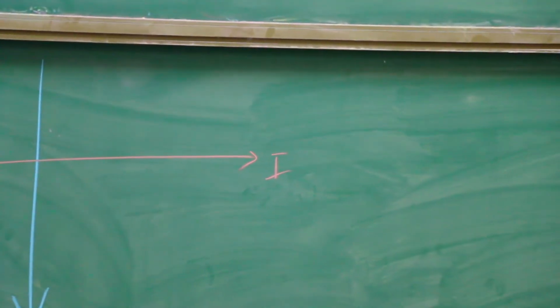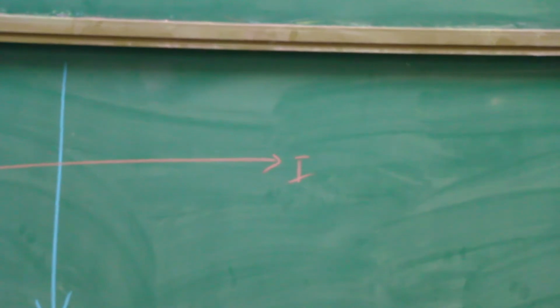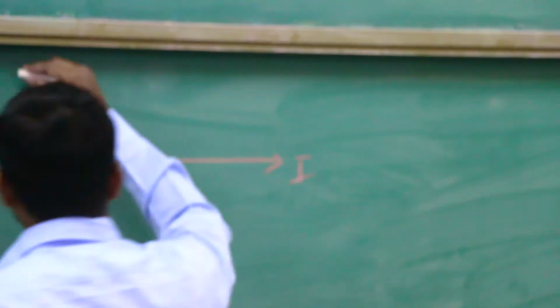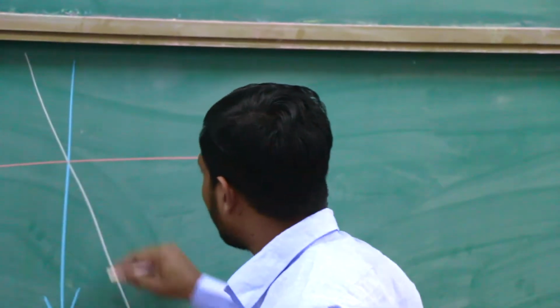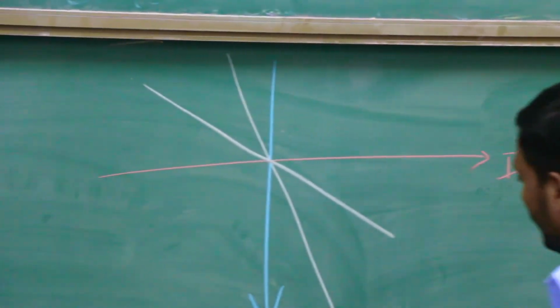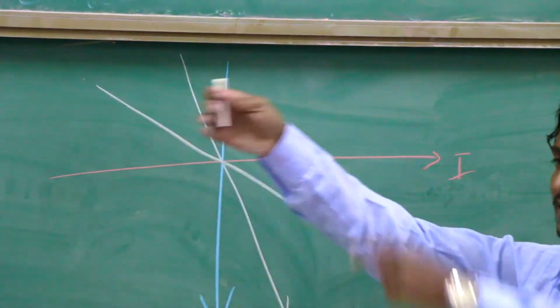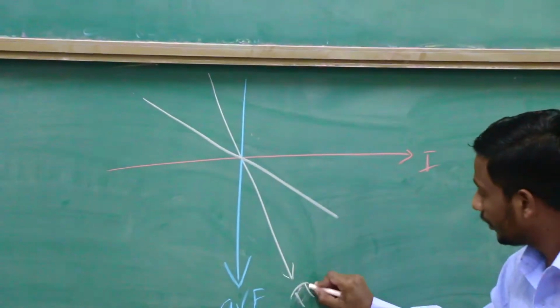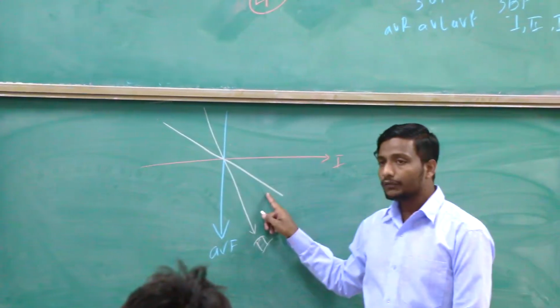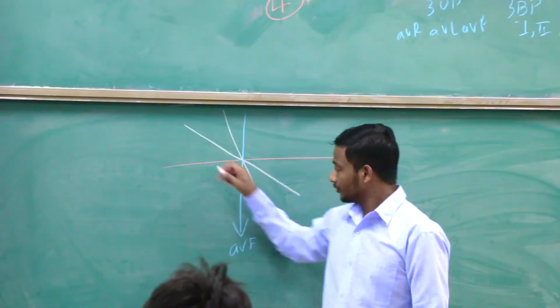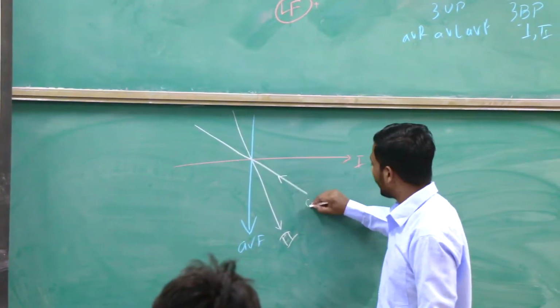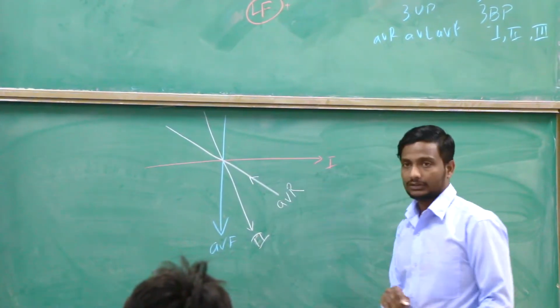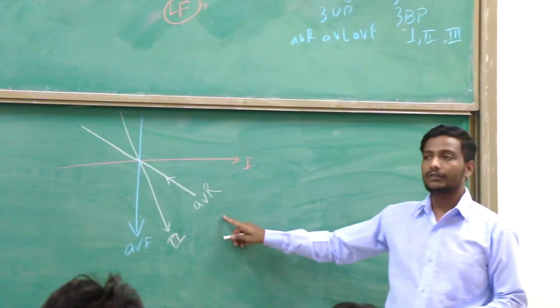If I put more leads here, then one will come down like this, and the other like this. And this one is going from the right arm to the foot. So what do we call this one? Lead 2. And this one is going from your foot to the right side of your body. So the direction is opposite, and we are going to call it aVR.